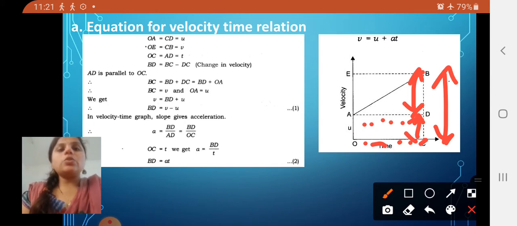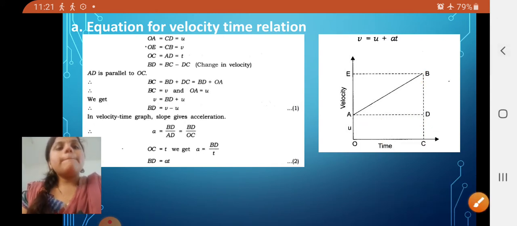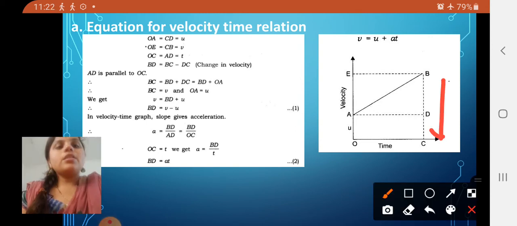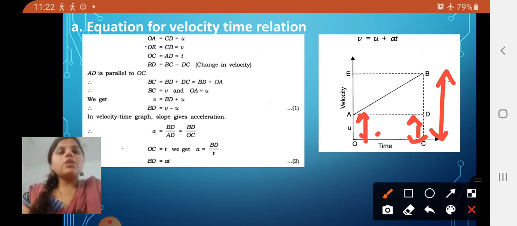So what is the total value? It is BD plus OA, because DC is parallel to OA. So the total length BC is equal to DC plus OA.